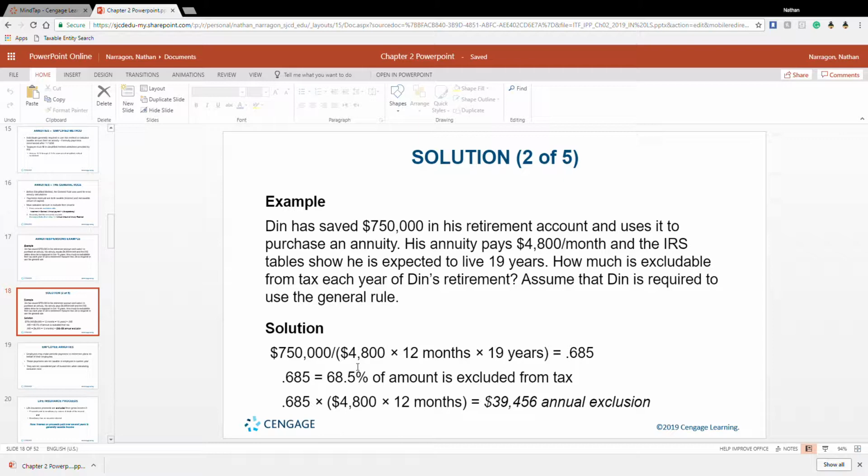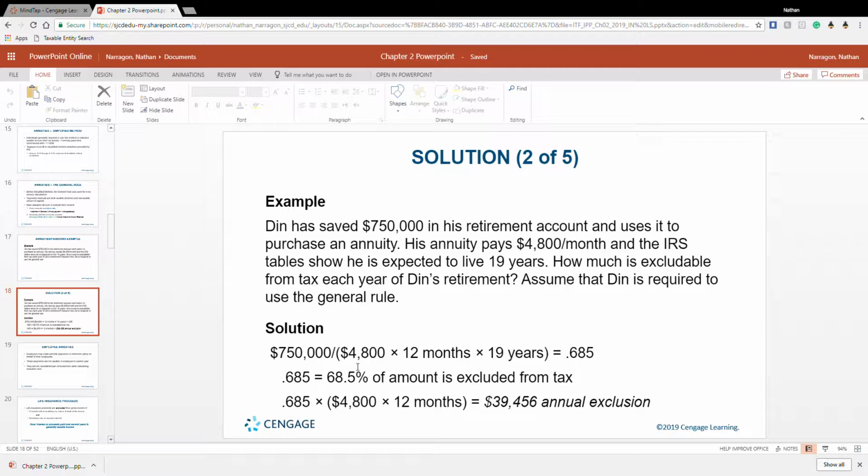Again, since the expectancy of life is in years, we have to convert the payment to basically a year's worth. So once we take the 4,800 times 12, then times by 19 years, and divide that into 750,000, we get a ratio of 0.685, or basically 68.5%.